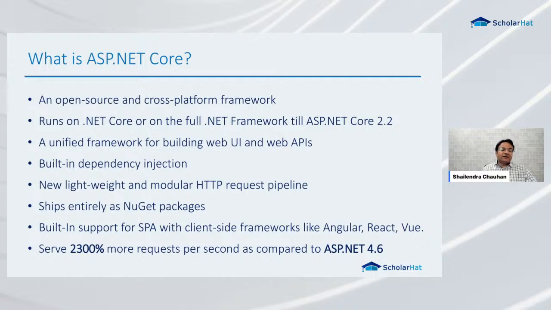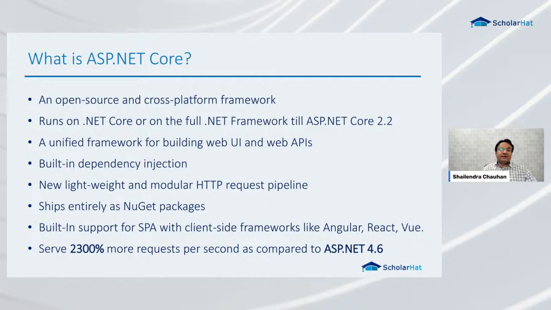It has built-in dependency injection. When it comes to the request pipeline, it is lightweight, and everything ships through NuGet packages. And when you compare ASP.NET Core with an existing ASP.NET 4.6 based application, it can serve 2300% more requests per second as compared to ASP.NET 4.6.